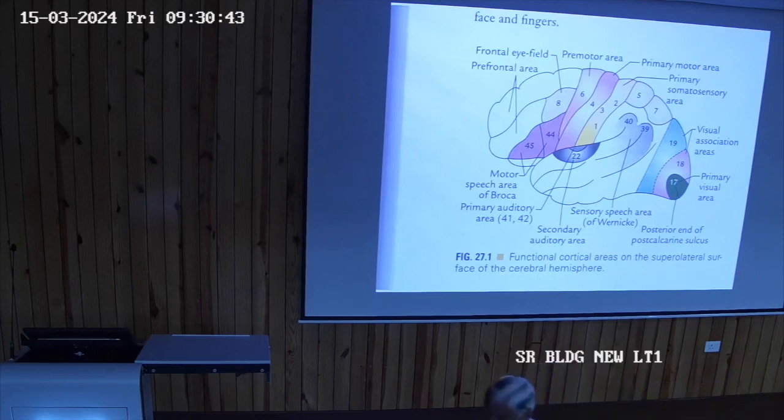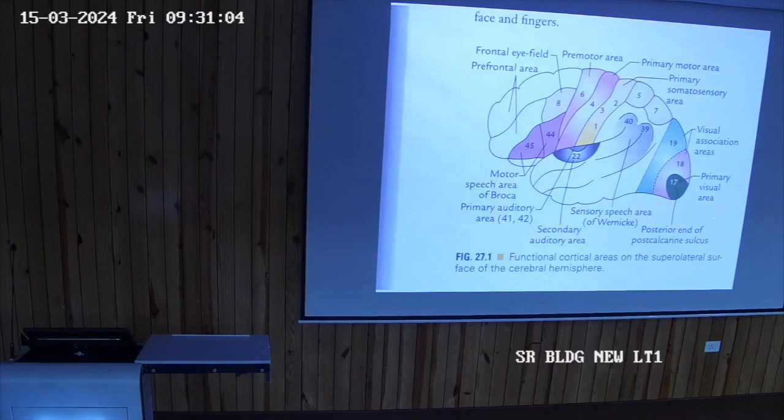Besides this, there are other sensory association areas with the vision area. Look, the primary visual area is area number 17.